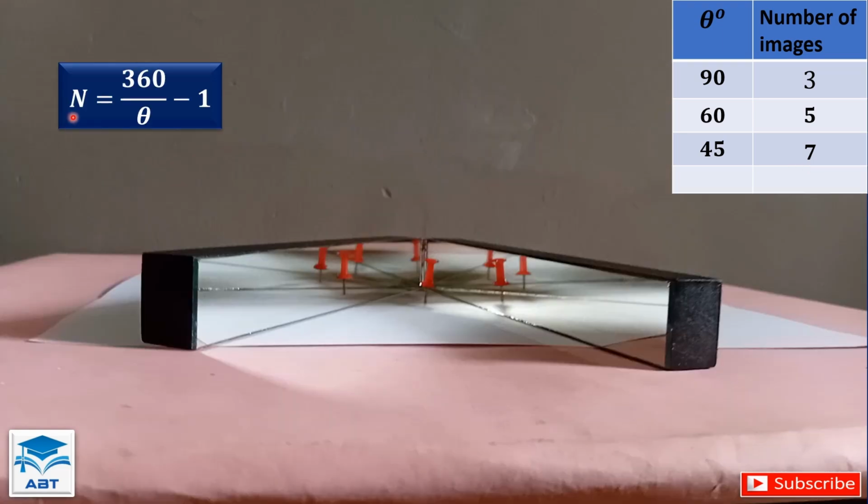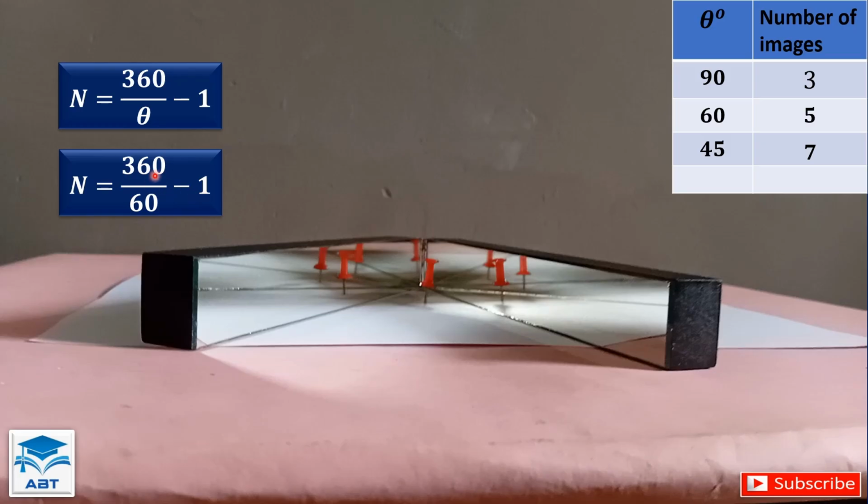Now, the number of images formed by two plane mirrors is given by 360 divided by the angle of inclination of the two plane mirrors, minus 1. For instance, if the angle between the two plane mirrors is 60 degrees, the number of images becomes 360 divided by 60 minus 1.